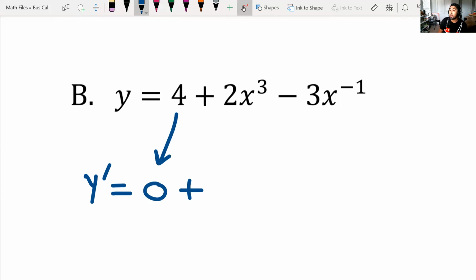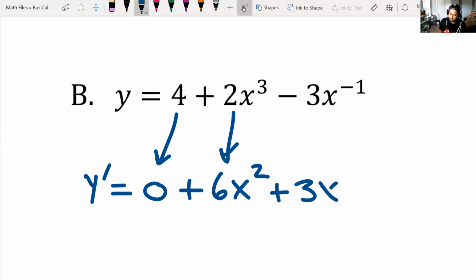The derivative of 2x cubed, that 3 comes down, multiplies the 2, makes it 6x. You take 1 away from that power of 3 and you get 6x squared. And then the derivative of negative 3x to the negative 1, then negative 1 comes down, multiplies the negative 3, making it a positive 3x. You take 1 away from negative 1, right? You say negative 1 minus 1, and that'll give us negative 2.